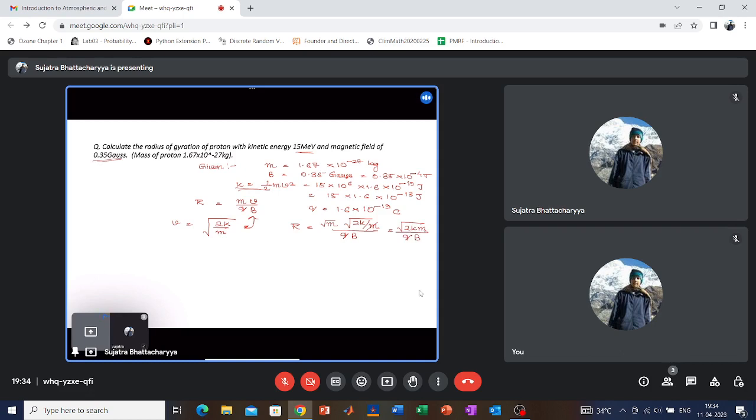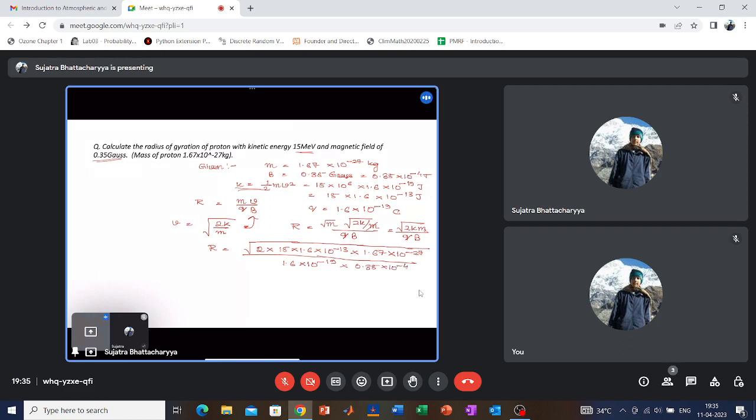So R is root over 2 into 15 into 1.6 into 10 to the power minus 13 into the mass, divided by q into B, where B is 0.35 into 10 to the power minus 4.